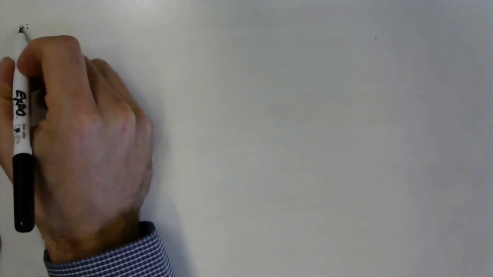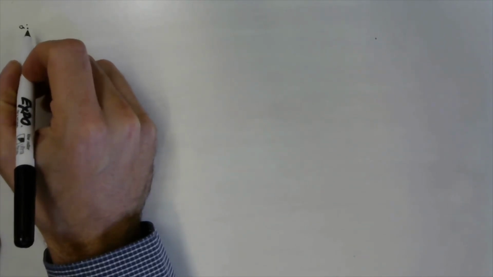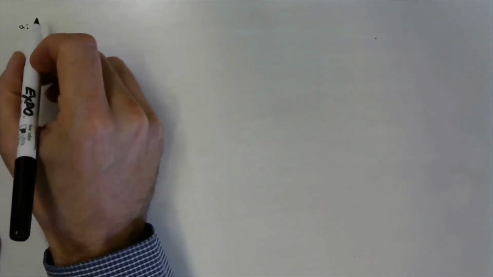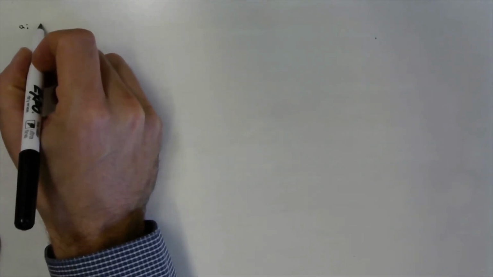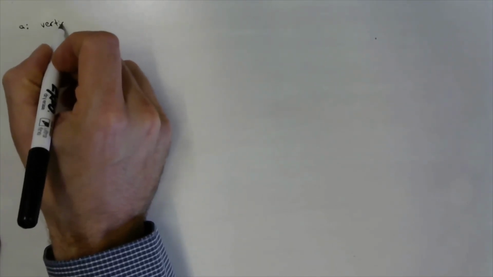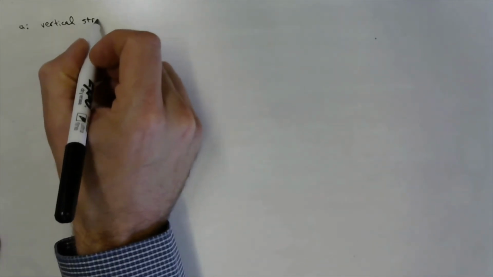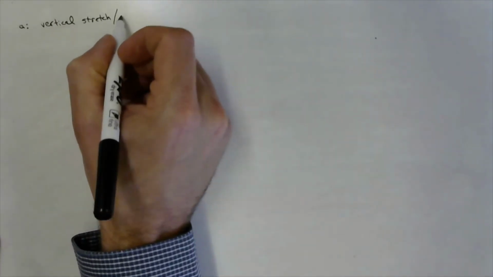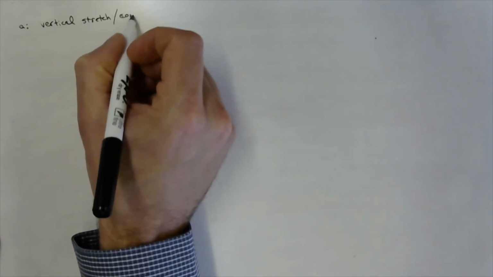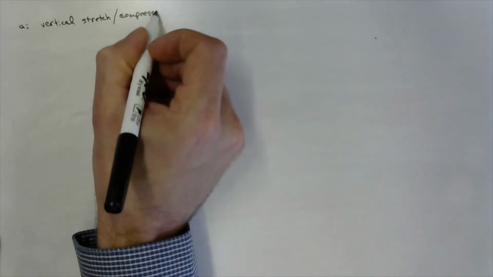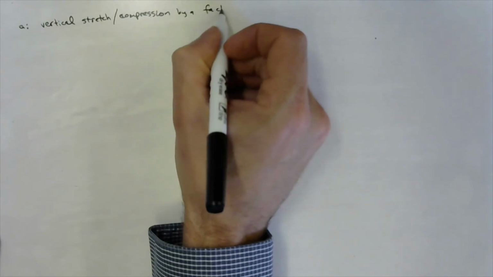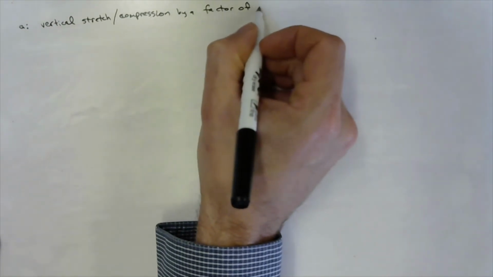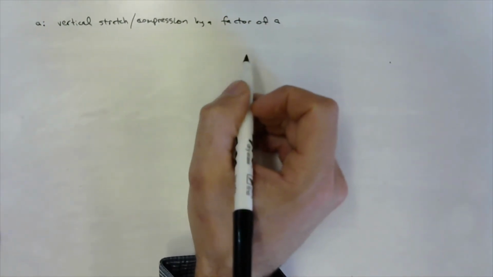What effect does changing A have on the graph of sine or cosine? It's vertical stretch or compression. Good. Vertical stretch or compression by a factor of A. What else can it do?